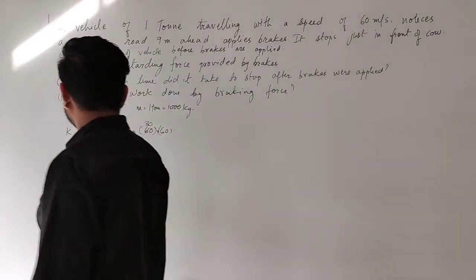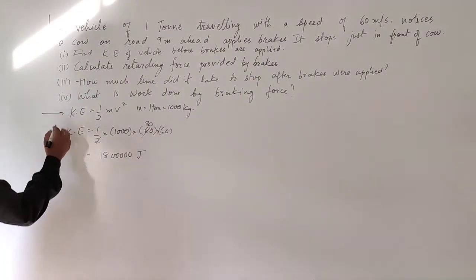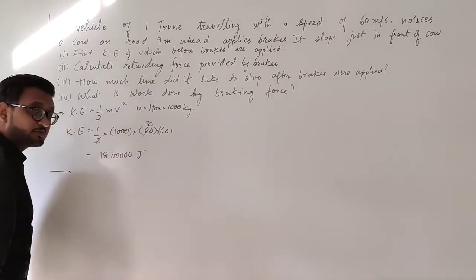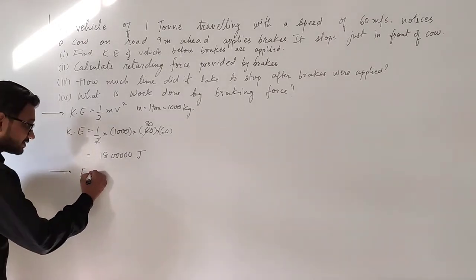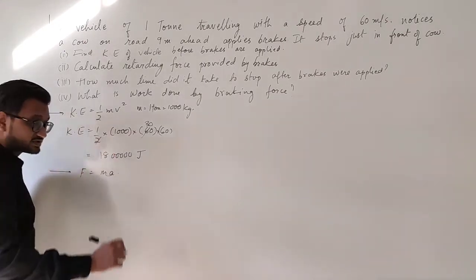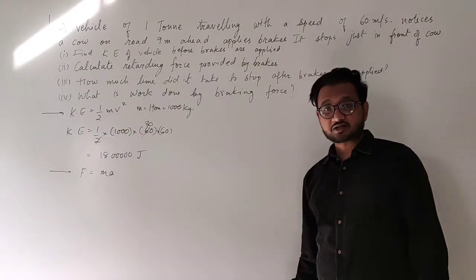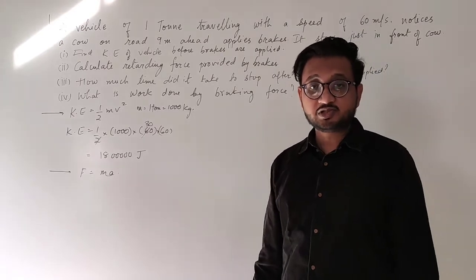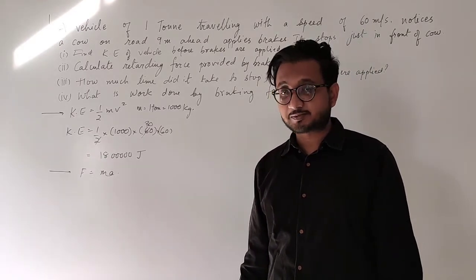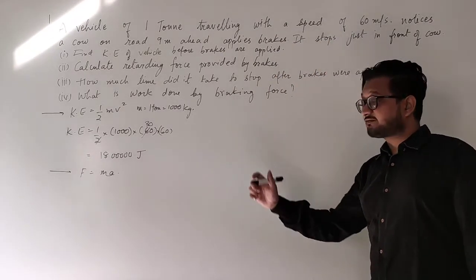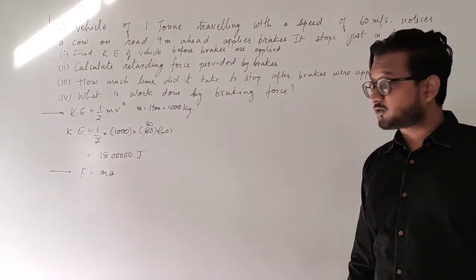And first of all, in order to find the force, we know the formula for force, that F is equal to mass into acceleration. Over here we don't have acceleration. You need to find the value of acceleration so that we can find the value of force.